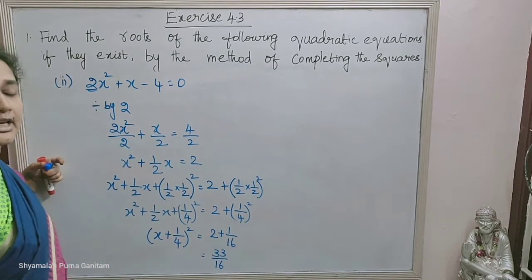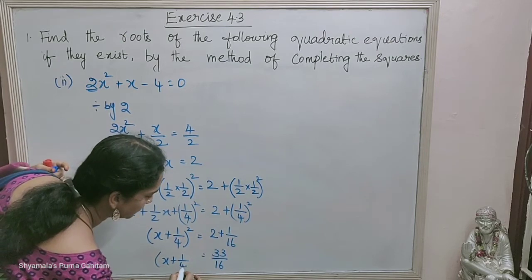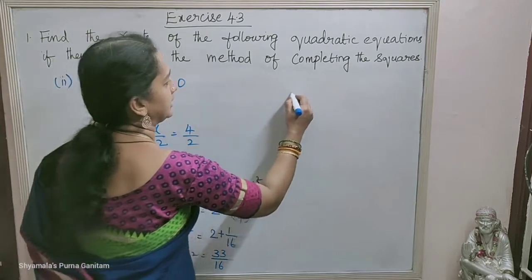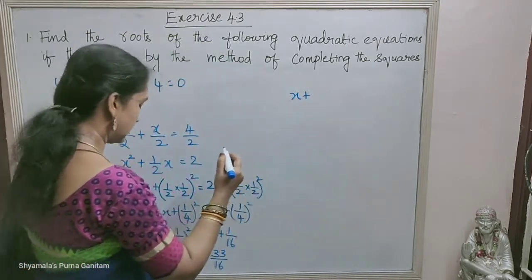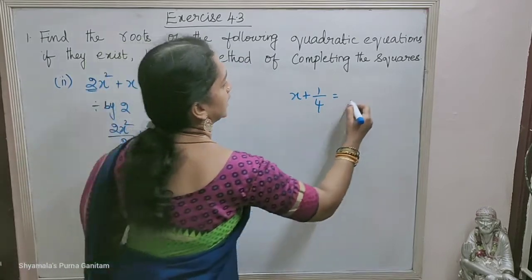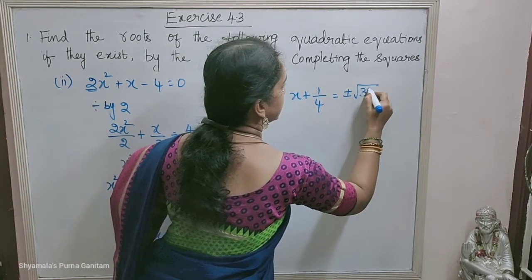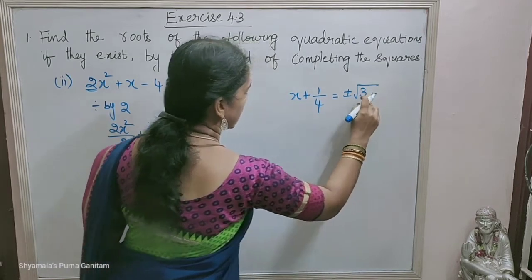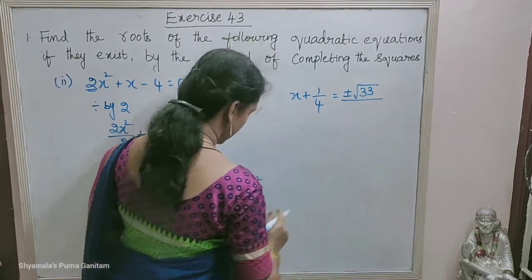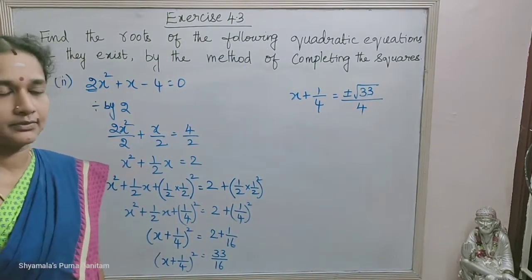So on this side it is x plus 1 by 4 the whole square. When I find the square root of this, I get x plus 1 by 4 is equal to plus or minus root 33 by 4. This is the answer.